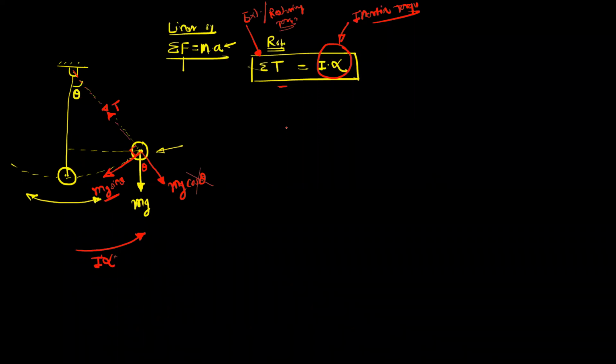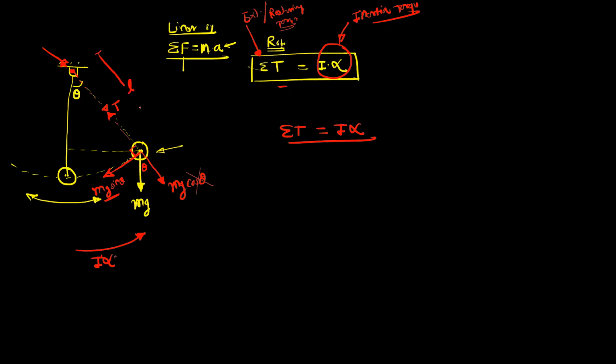Now we use this equation, summation of torque is equal to I into alpha. So summation of torque means we need to find the torque by this mg sin theta about the point of rotation. Okay. So this complete system is rotating about this pivot point. So torque will be mg sin theta into its perpendicular distance.